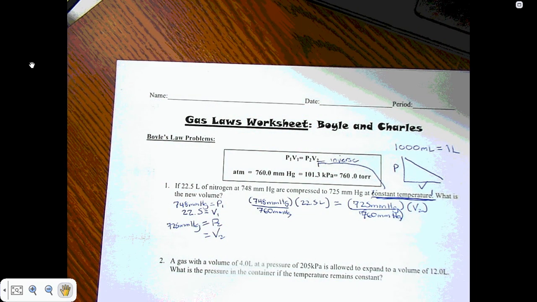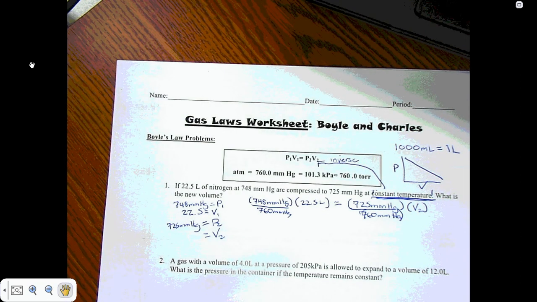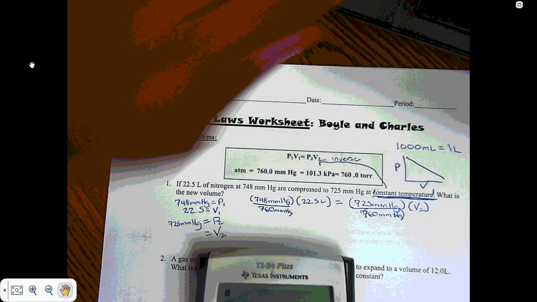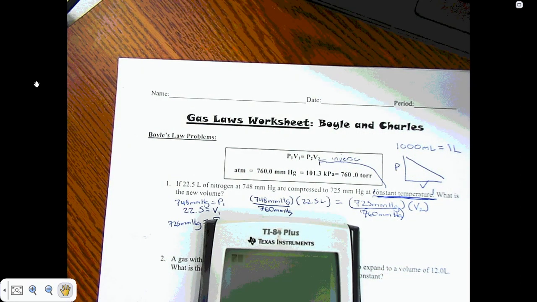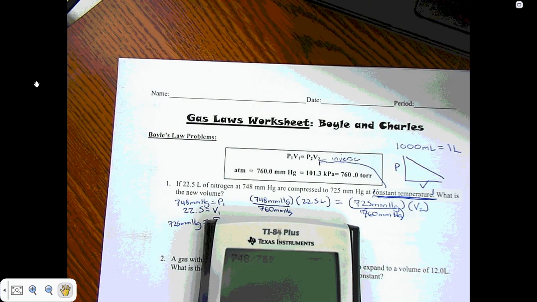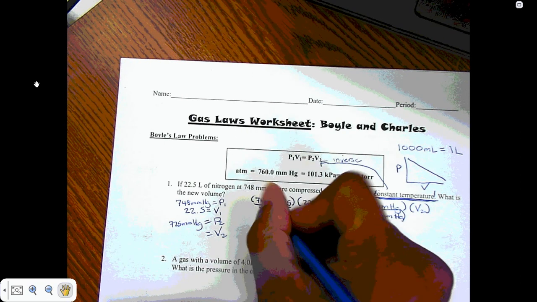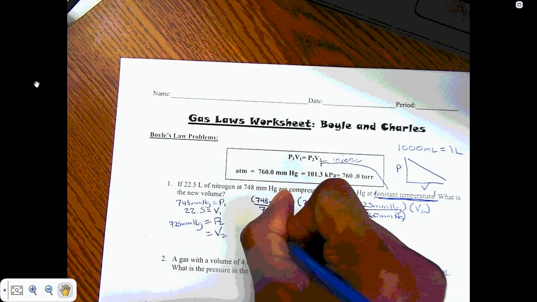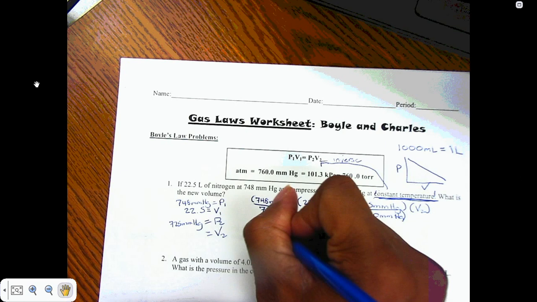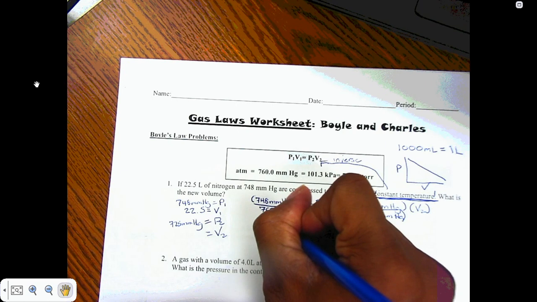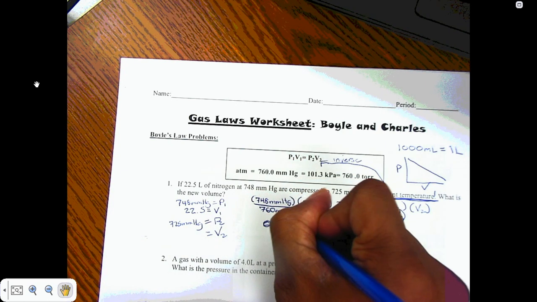And when I divide 748 by 760, I get roughly 0.984, and my unit is ATM.